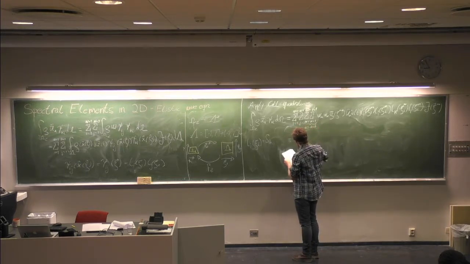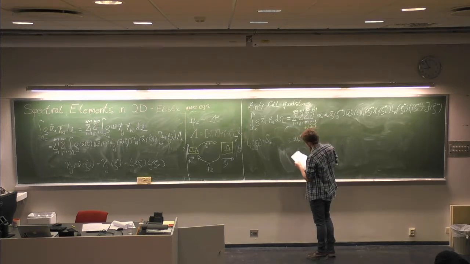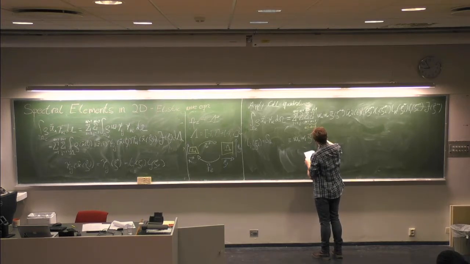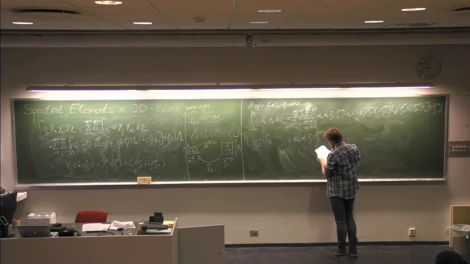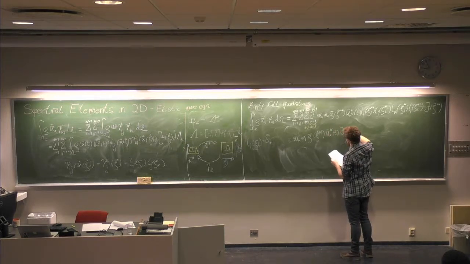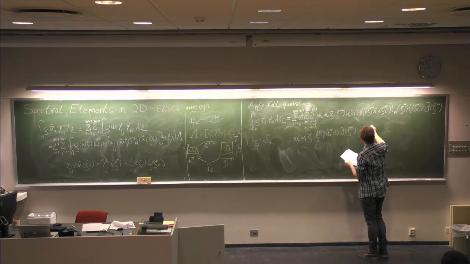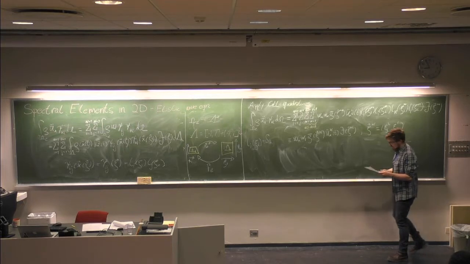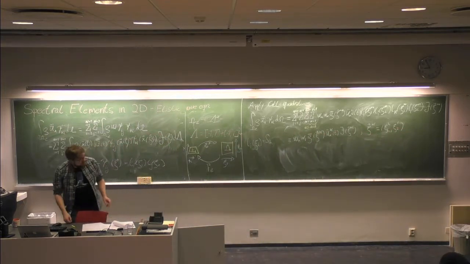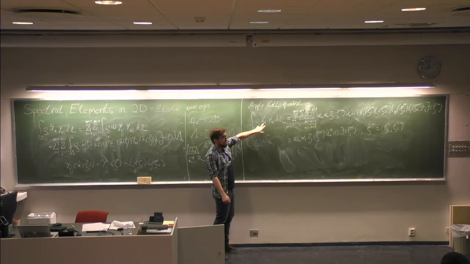We end up with just the weights, which are pre-computed, rho bar kl, u x kl t, and then just the Jacobian J kl. Here kl is index k and index l because it's two dimensions. This is again similar for the y, u y term.